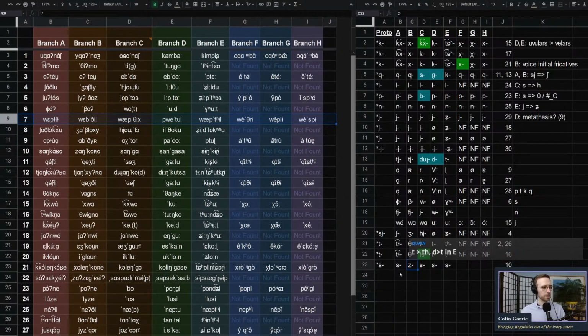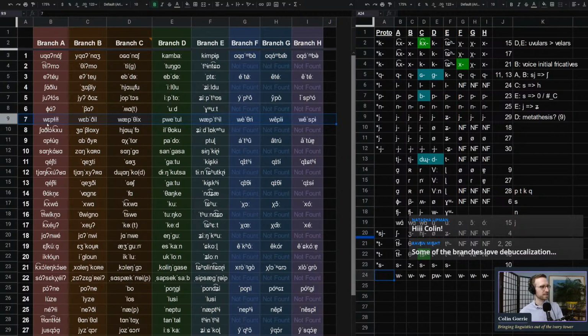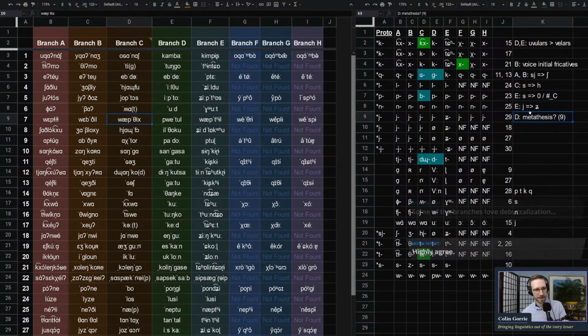We have W, W, W, PW, W, but I'm pretty sure this is our metathesis again, because we have this P later on. So that's that P here. And we have this hypothesis that D is a metathesizing language.